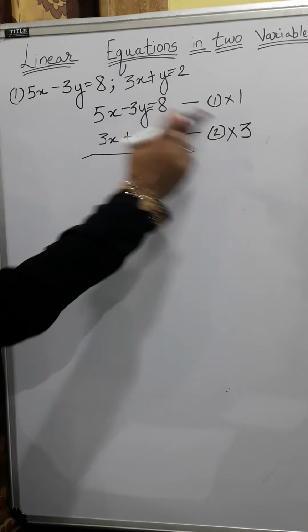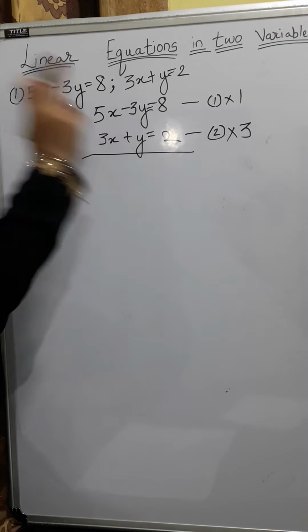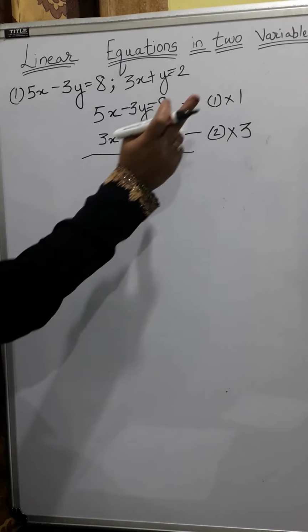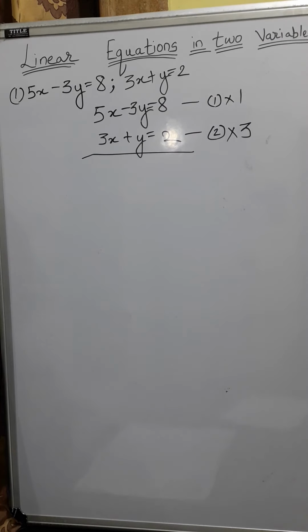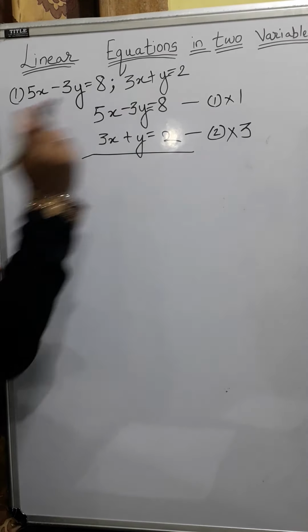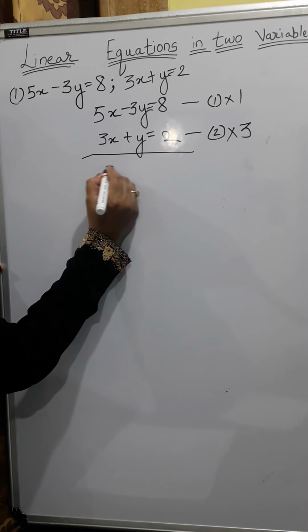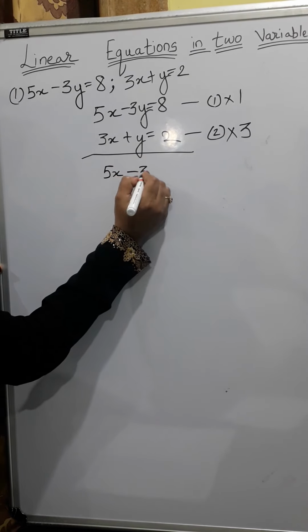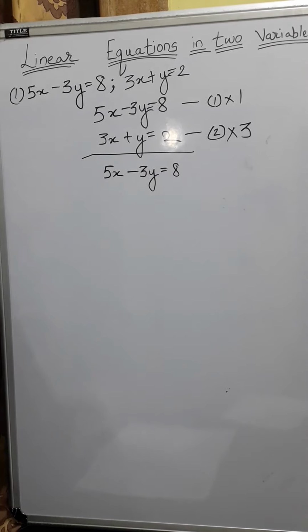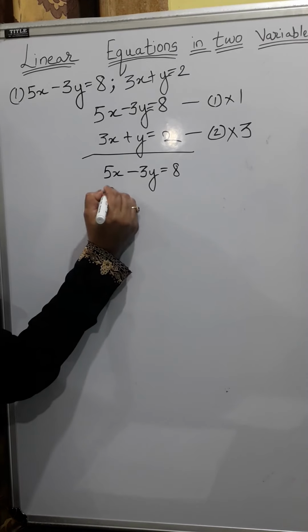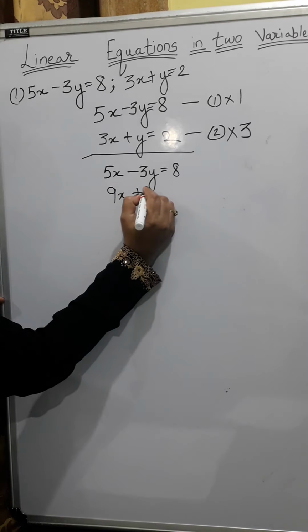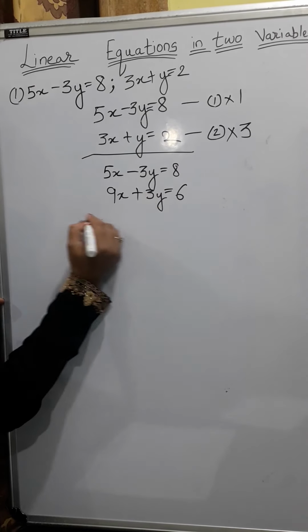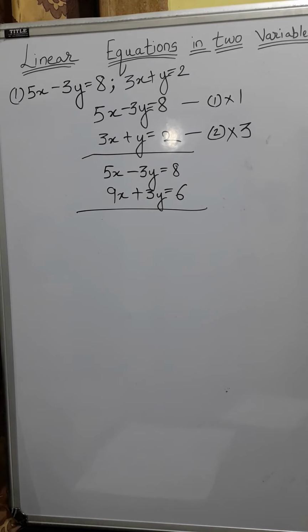Equation number 1 will be multiplied by 1, so it stays the same: 5x into 1, 5x minus 3y is equal to 8. Equation number 2 is multiplied by 3, so 3 3s are 9x plus 3y is equal to 6. These are the equations we got here.